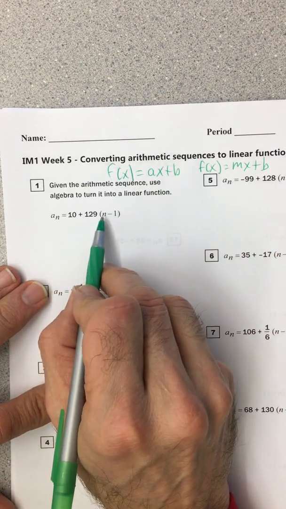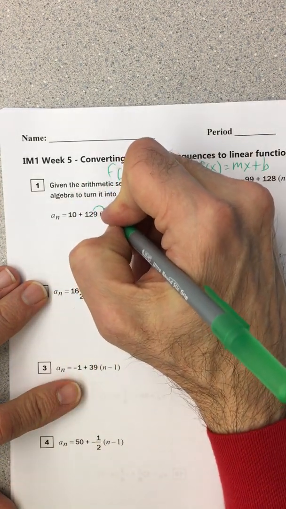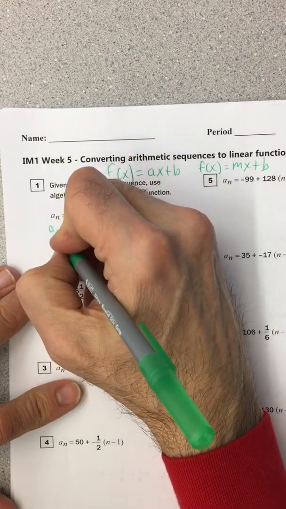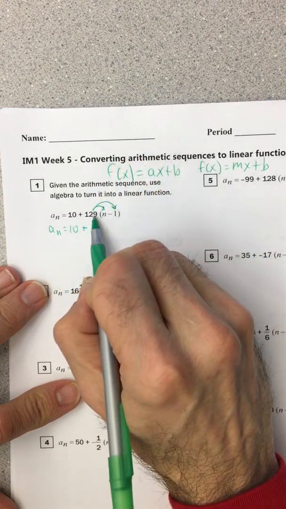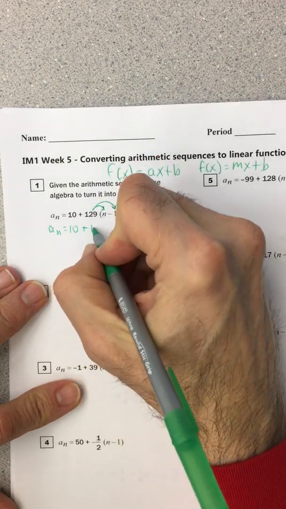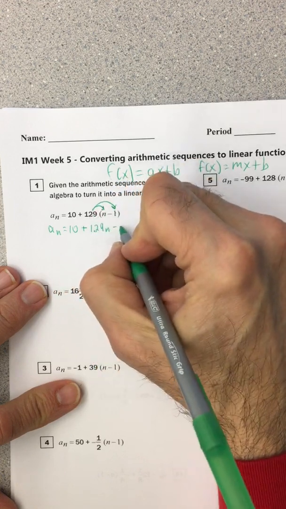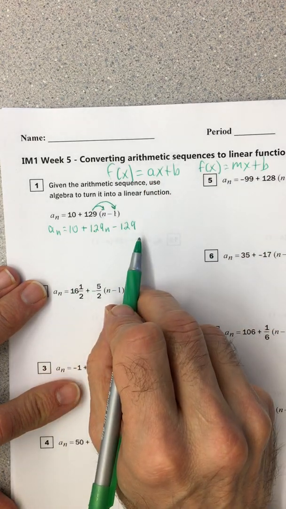Well, I need to get rid of parentheses because there's no parentheses here. I'm going to use distributive property. an equals 10 plus, multiply those, I get 129n. Multiply these, so I get negative 129. Parentheses are gone.